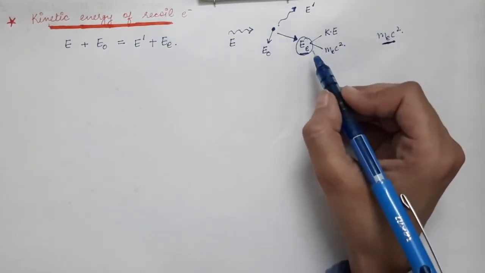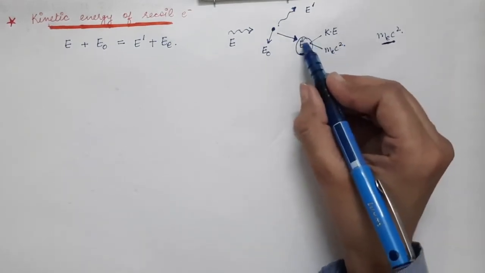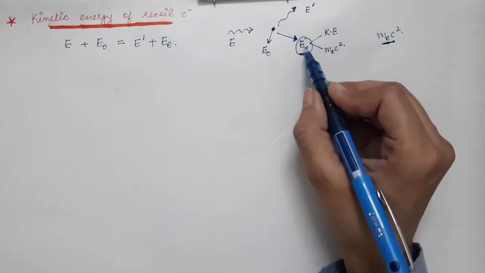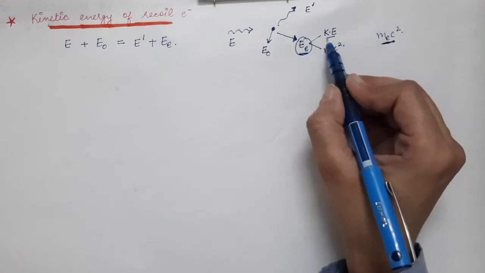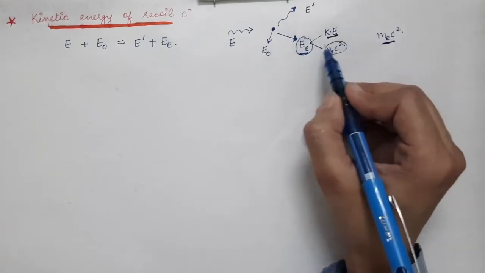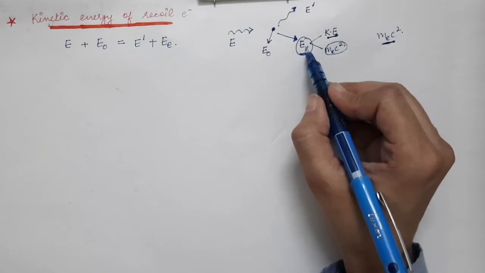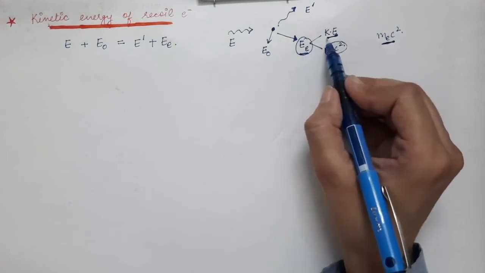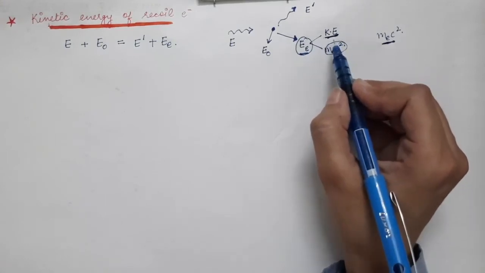So if you subtract the rest mass energy from the total energy of the electron after the interaction, that will give you the kinetic energy of the electron.